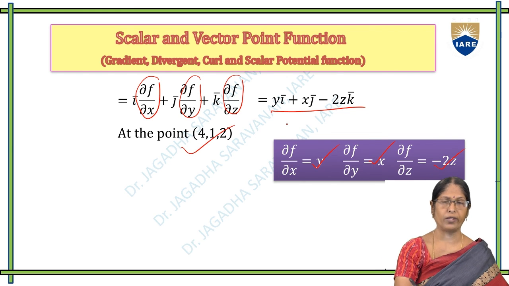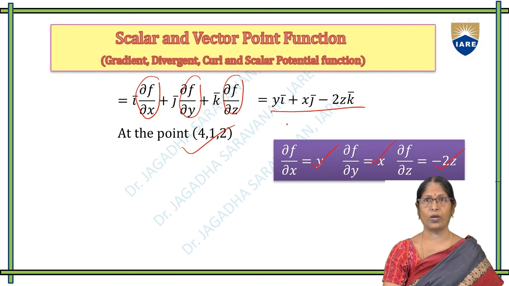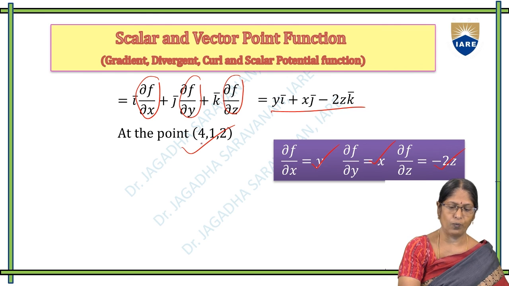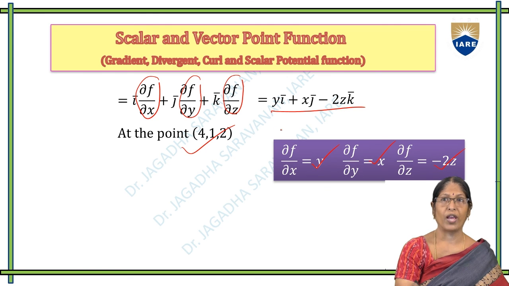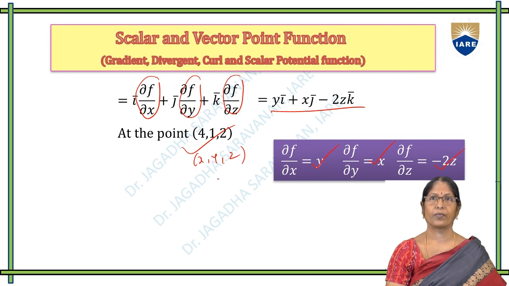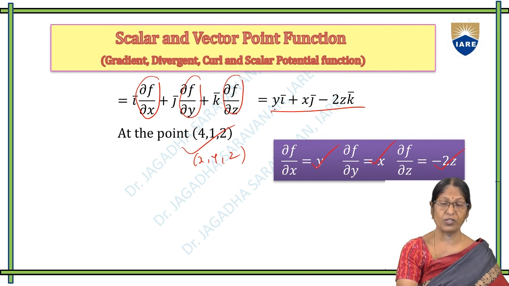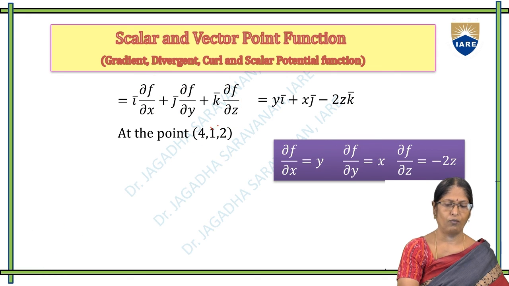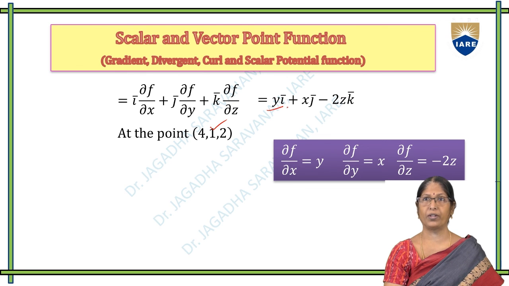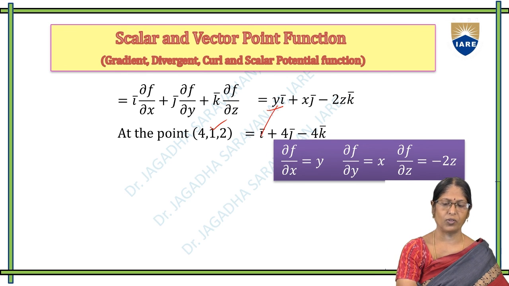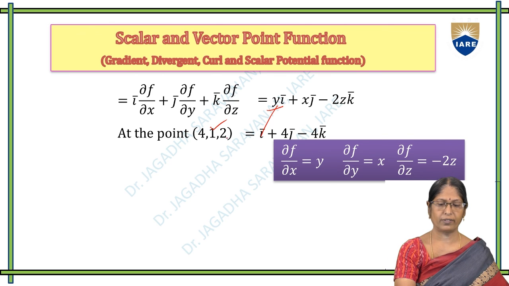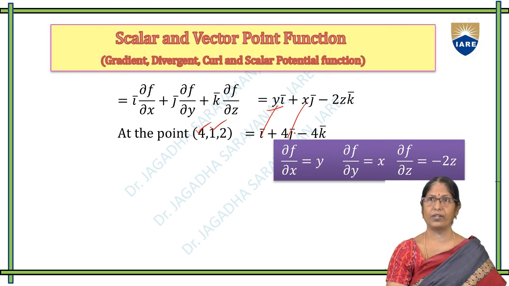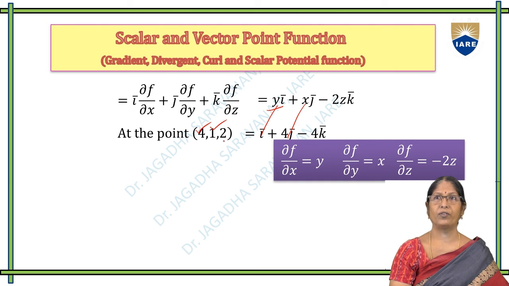At the first point, which is given as 4, 1, 2, wherever there is x, y, z we have to replace it. For yi, y takes the value 1, so we substitute here. Yes, it is substituted, it is correct. The x value is 4, which is substituted, and the z value is 2.